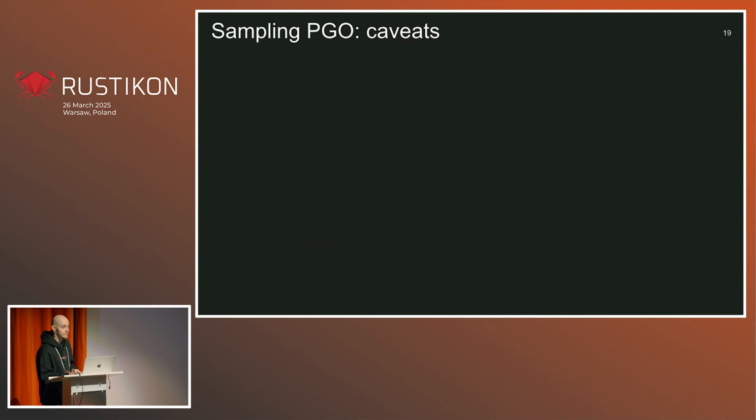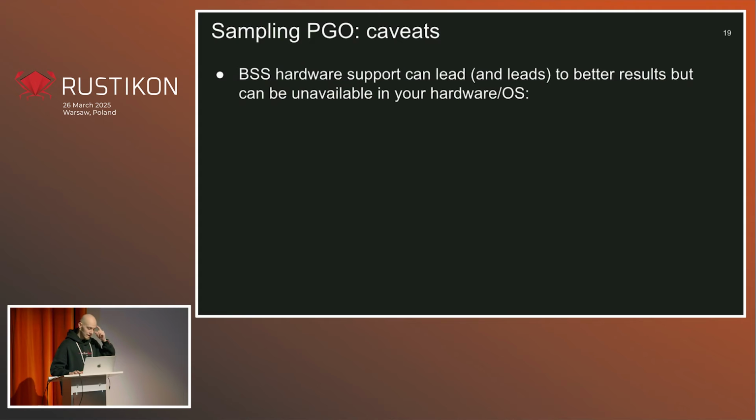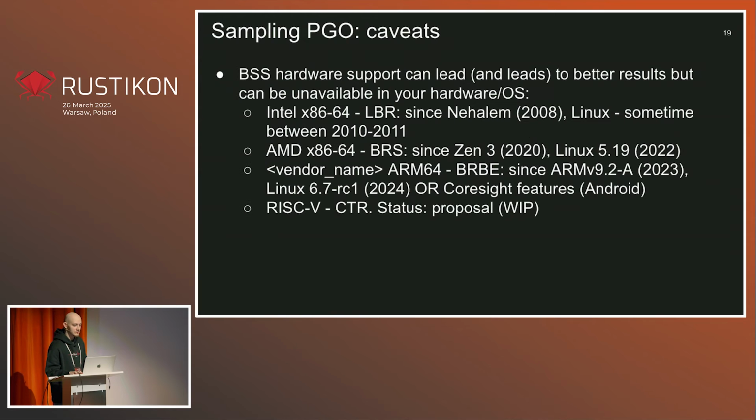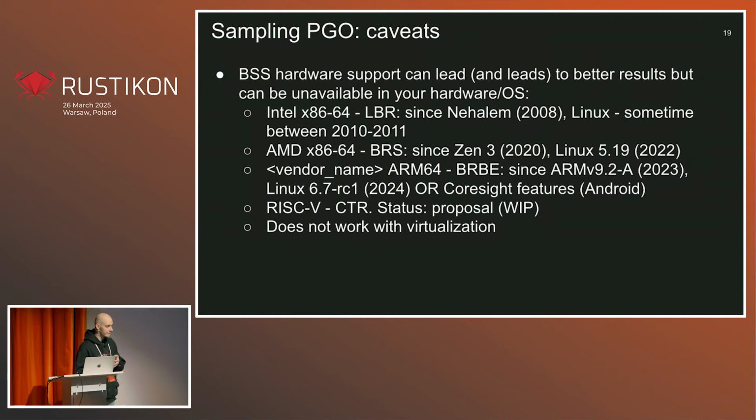Unfortunately, sampling PGO also has caveats. The first one is called the branch stack sampling feature. It's a hardware feature that allows external profilers to collect more precise runtime statistics about your application in a more efficient way. Unfortunately, availability of this feature is pretty interesting. Intel and every hardware vendor has a different name.